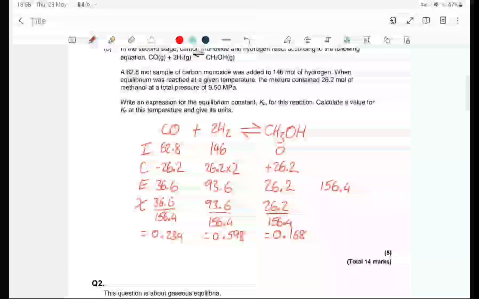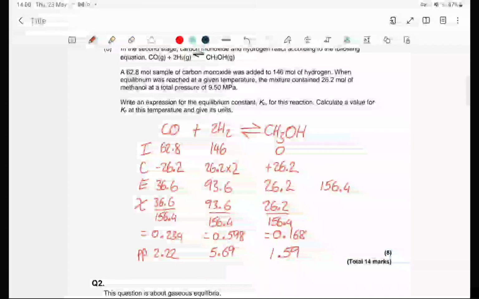So now that we've got the mole fraction, you work out the partial pressure for each of those by taking the mole fraction and multiplying it by the total pressure. So now we have the partial pressure for each of those substances, we can apply them to our Kp expression.